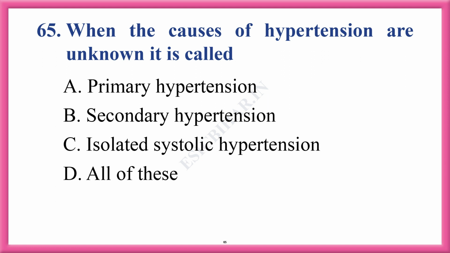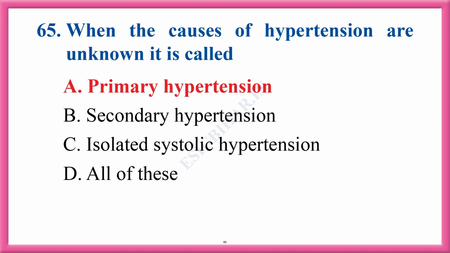Question 65. When the cause of hypertension is unknown, it is called A. Primary hypertension. B. Secondary hypertension. C. Isolated systolic hypertension. D. All of these. And the answer is A.